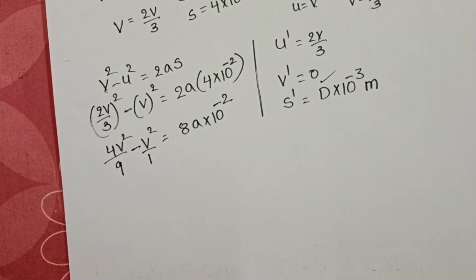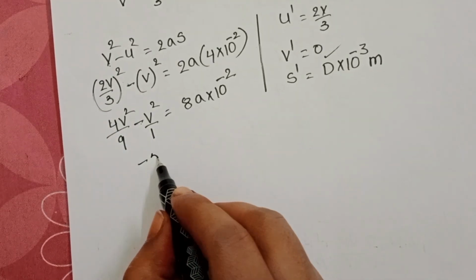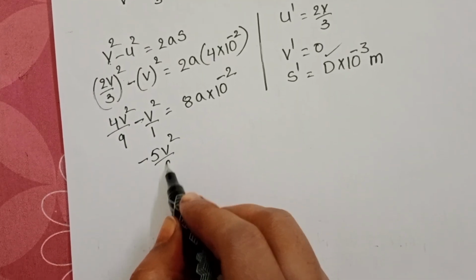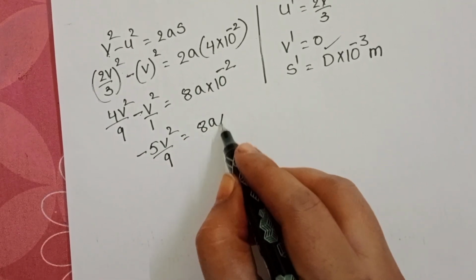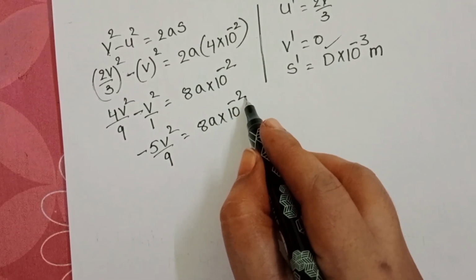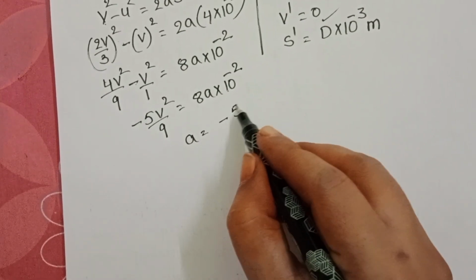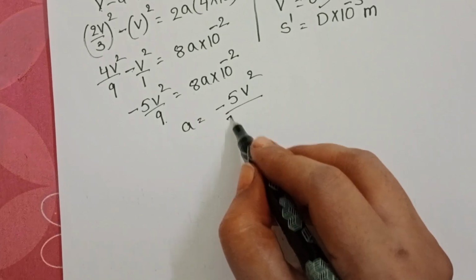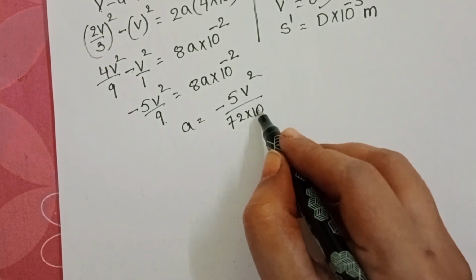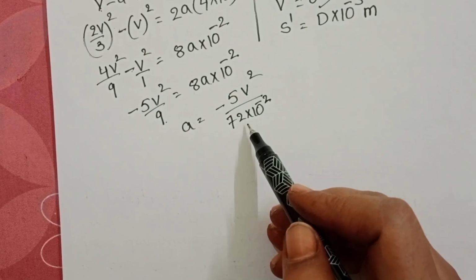Here LCM is 9. 4v square minus 9v square becomes minus 5v square by 9 equals 8a into 10 power minus 2. Then a is equals to minus 5v square by (9 into 8, 72) into 10 power minus 2. This is the deceleration of the bullet.